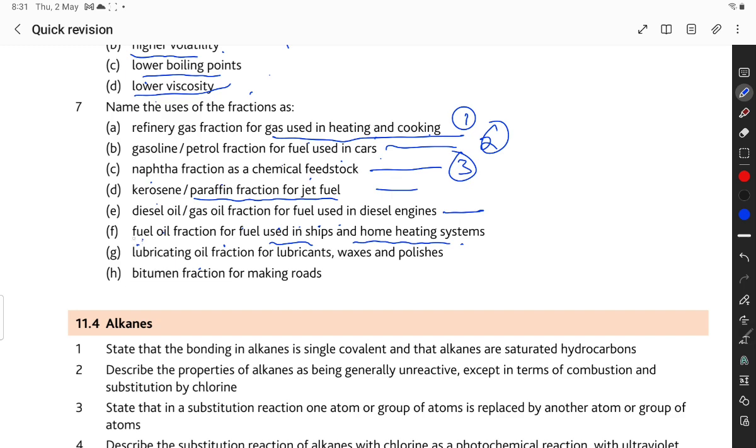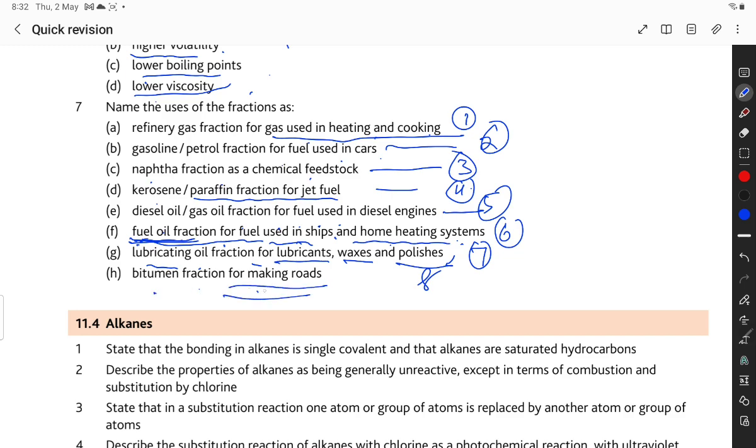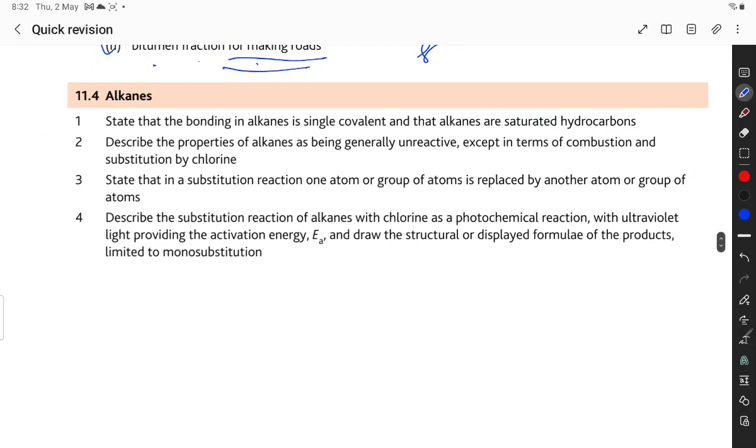Fuel oil fractions for fuel used in ships and home heating systems. Lubricating oil fractions for lubricants, waxes and polishes. These are the uses. Please, this is very important. Please learn by heart in this sequence. 6, 7 and 8, and bitumen fractions for making roads. So these are uses and fractions, very important.